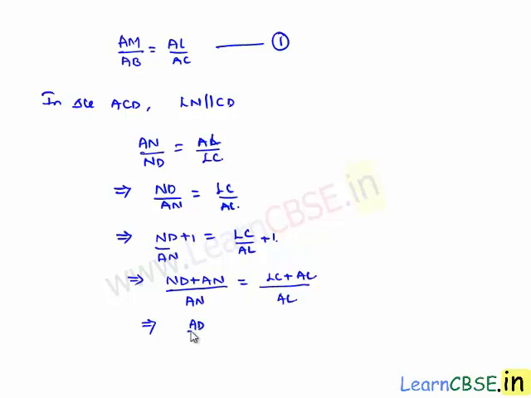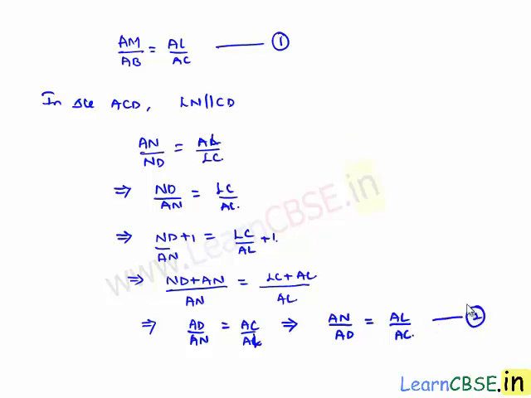So AD by AN is equal to AC by AL, which implies, let us invert the ratio, then we get AN by AD is equal to AL by AC. Let us name it as equation number 2.